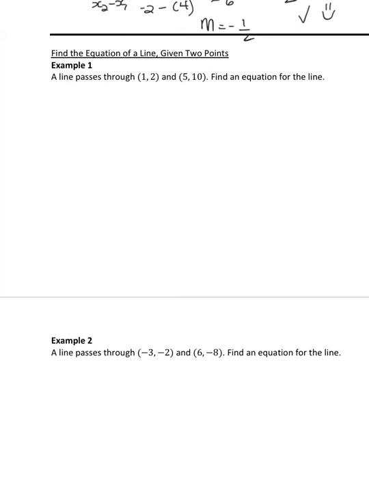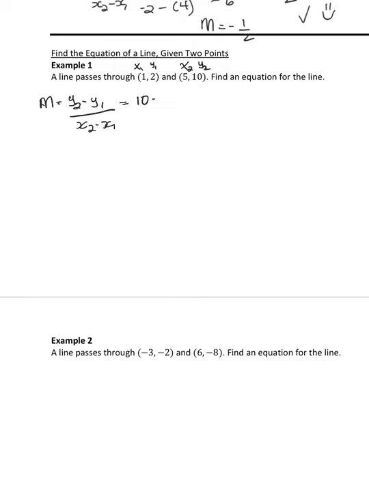So now let's actually find the equation. Now that I know how to find my slope, let's find my equation. So I'm going to start again by labeling my points x1, y1, x2, y2. And now let's try to find our slope. So I know m equals y2 minus y1 over x2 minus x1. Okay. My y2 here is 10.